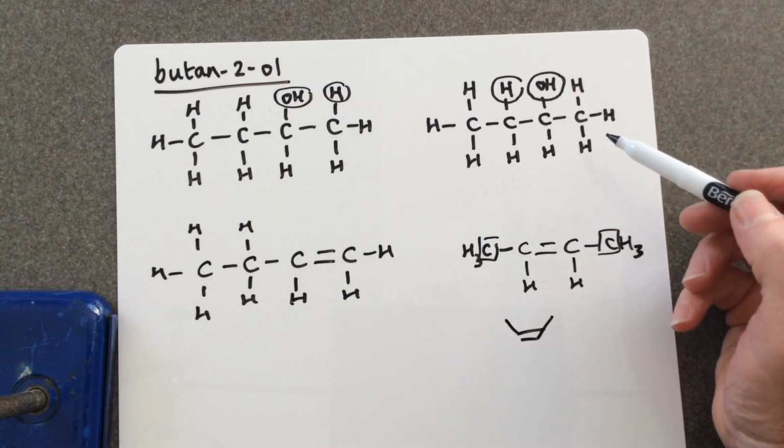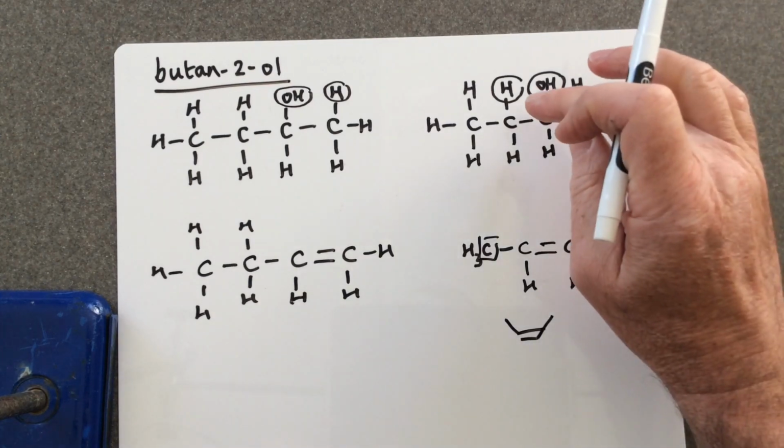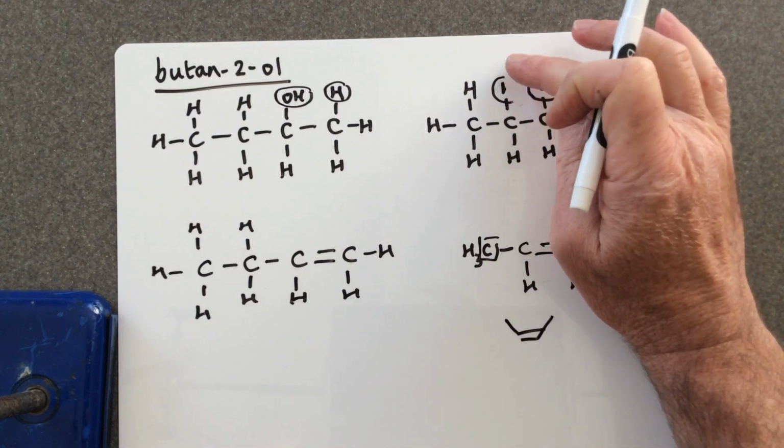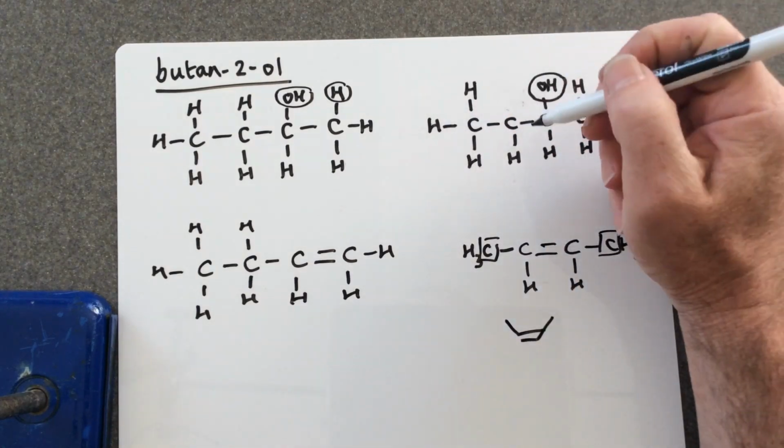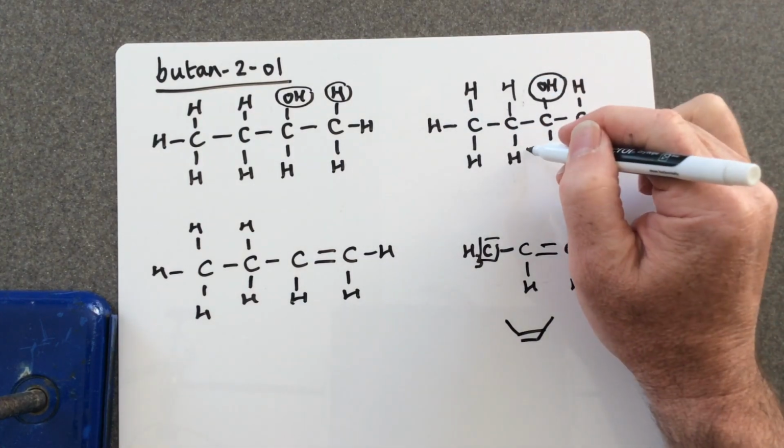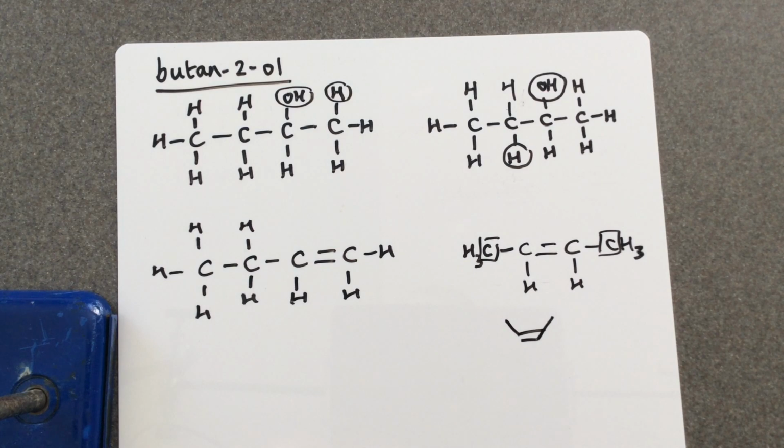If I'd gone back to my original butan-2-ol and instead of removing this hydrogen, I had removed this hydrogen, what I would now have would be this molecule.